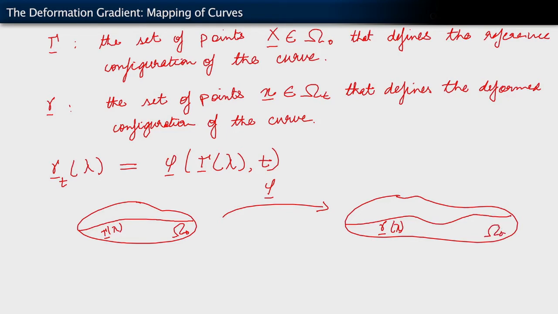Now, we may ask ourselves the following question. How do we write out the tangent to capital Gamma? If I were to ask you to describe the tangent to capital Gamma mathematically, how would you go about doing it? Think about it for a second or two.